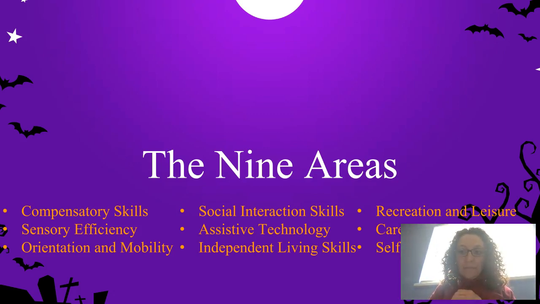You can have someone hide a beep ball and really refine those auditory skills by having the kid find a beep ball. You can use visual efficiency by just increasing their scanning skills, and tactile efficiency, those pre-Braille skills, trying to differentiate between different textures. That's all sensory efficiency.